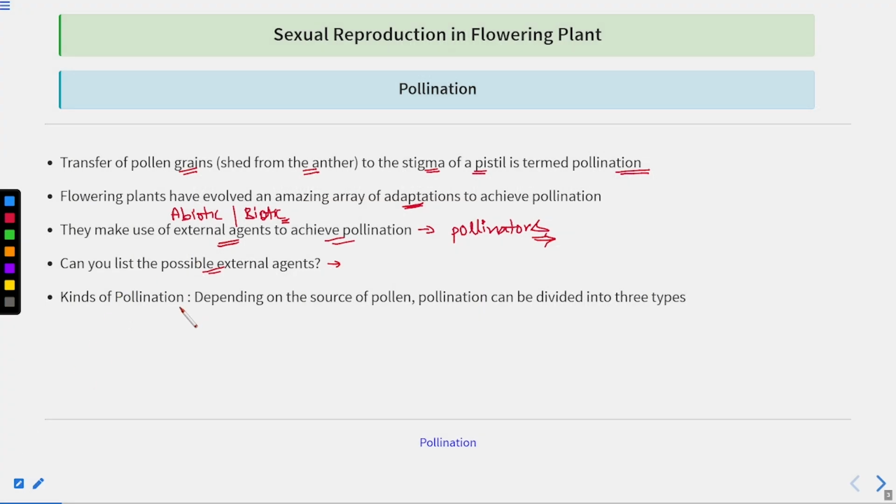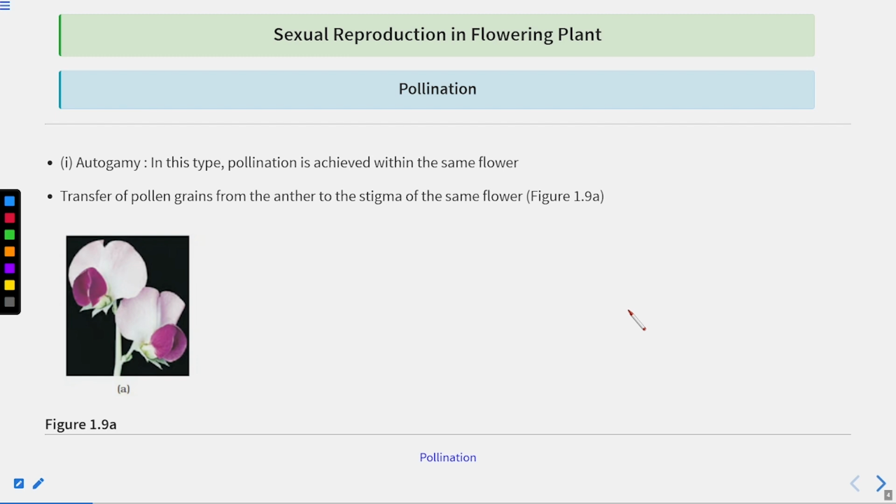Now let's talk about the kinds of pollination. Depending on the source of pollen, pollination can be divided into three types. The first one is autogamy. Auto means self, so it is self-pollination. Pollination is achieved within the same flower.